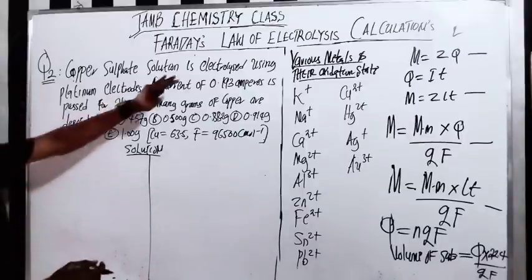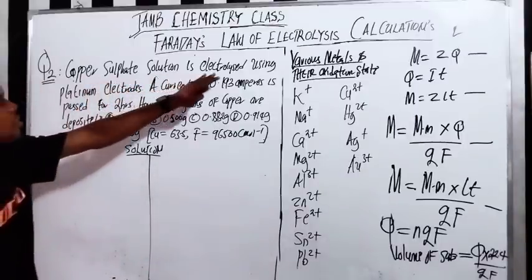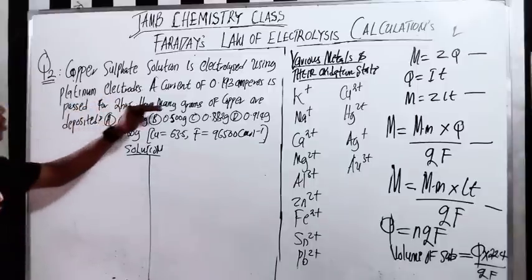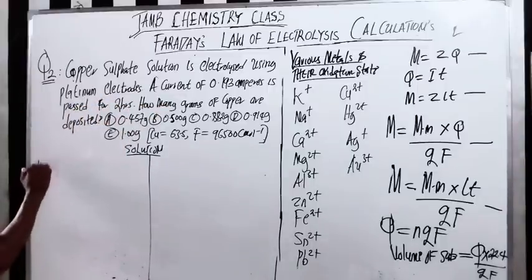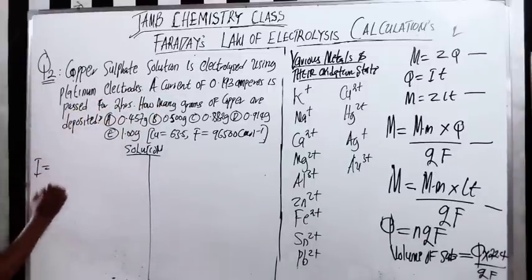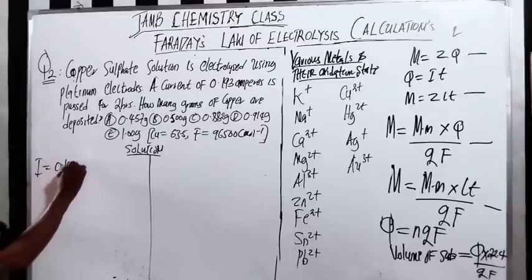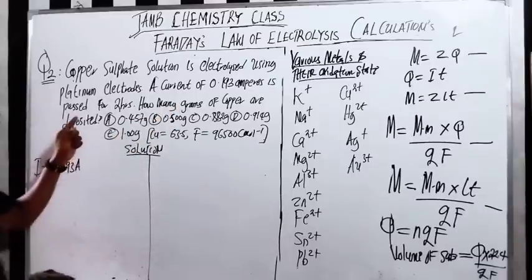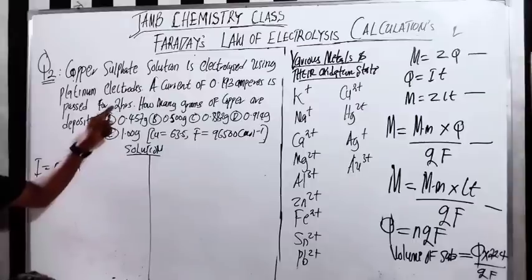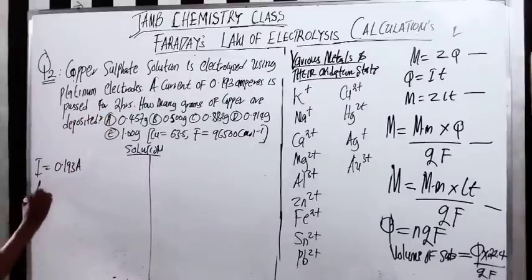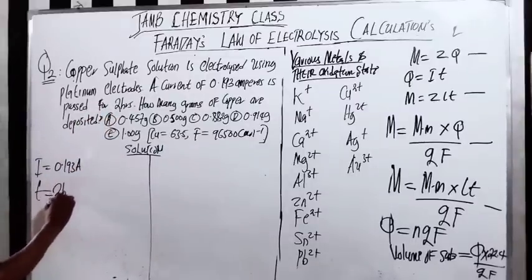Now they say that a copper sulfate solution is electrolyzed using platinum electrodes. A current, so my I given to me is 0.193 amperes, is passed for how many hours? 2 hours. So my time is 2 hours.